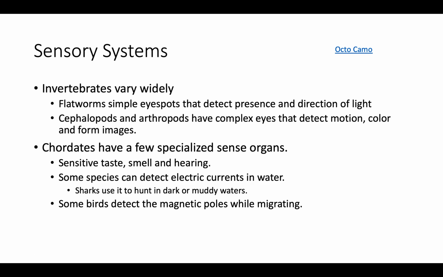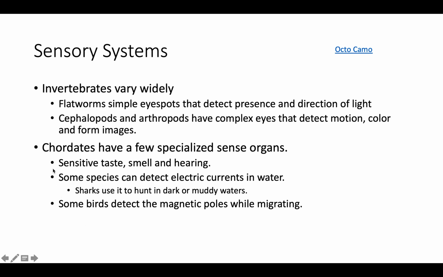So ears for hearing, smell, nose. Like I said, sometimes you have reptiles, things like that, that can use their tongue as some sort of taste sense organ as well. Other species can detect electrical currents, such as sharks, and that is pretty much how they're able to hunt at night or in waters that they can't necessarily see.